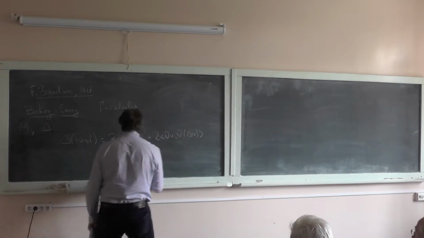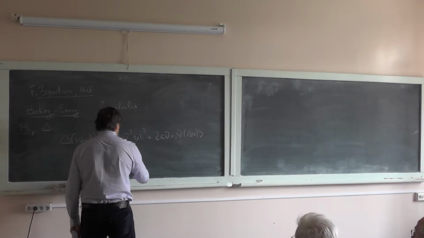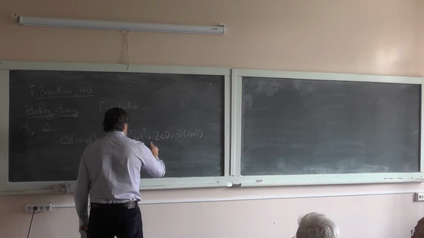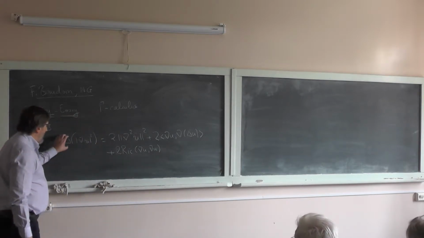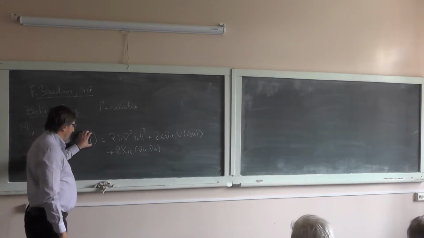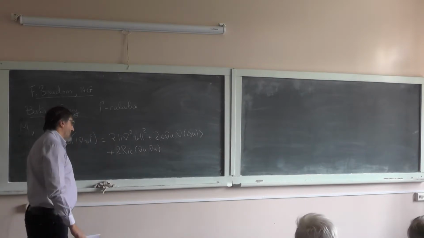I've written this identity already several times. So the Bochner identity tells you that on functions, the Laplacian of the length of the gradient of u squared is given by this formula here, which involves the Ricci curvature.